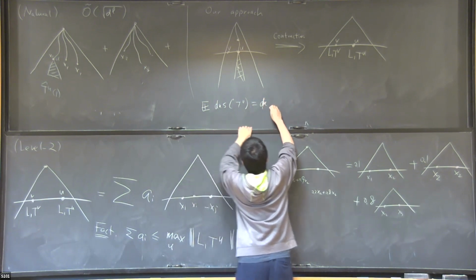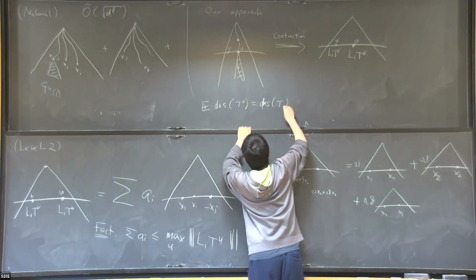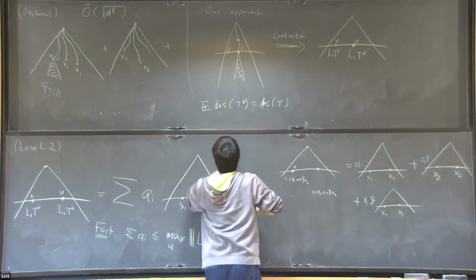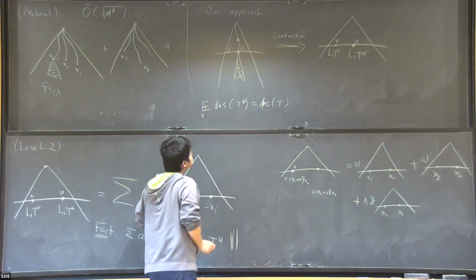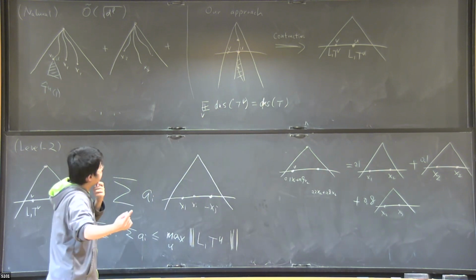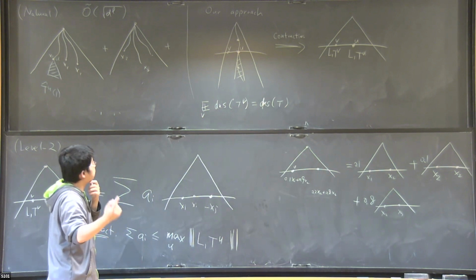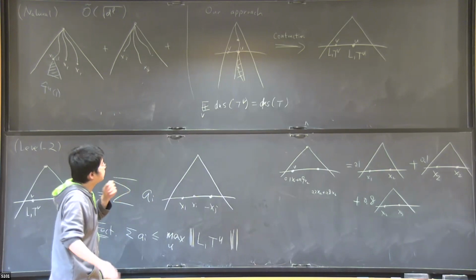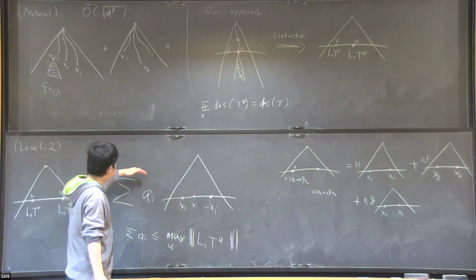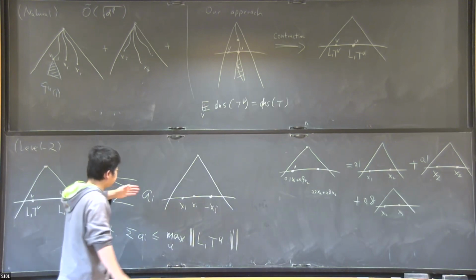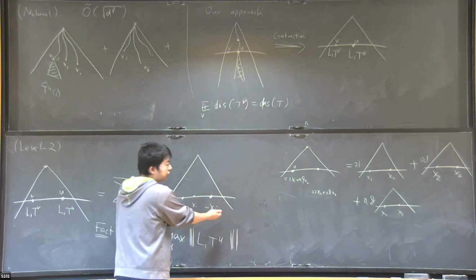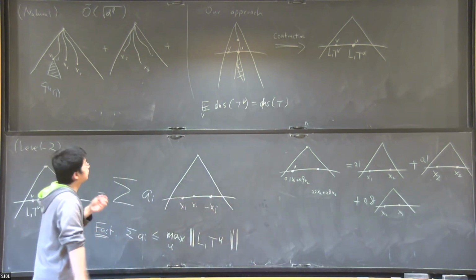So the expectation of the density is just the density of the original tree. Let's consider two extremal cases. The first case is when all the subtrees have the same density, the same as the original tree. After we apply this series of changes, we end up with a tree of maximum density.